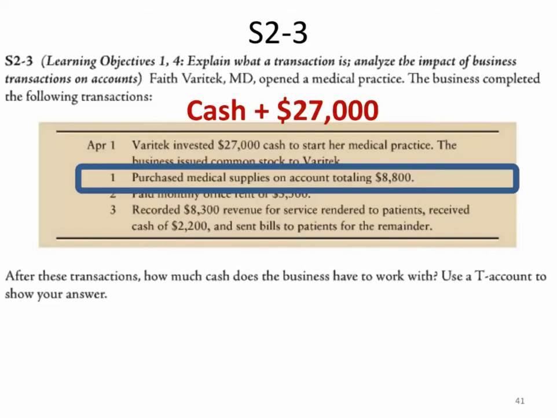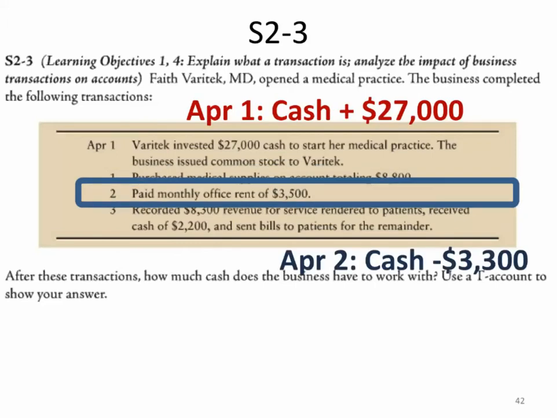Okay, the third transaction is paid monthly office rent of $3,500. Well, if we pay monthly office rent, cash is impacted. When it says paid, that's implying that we're paying cash.